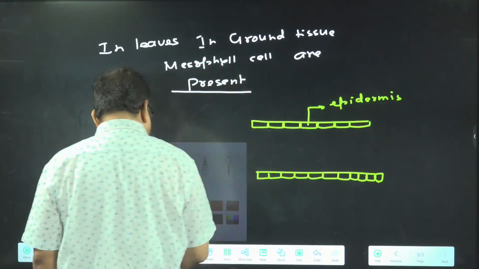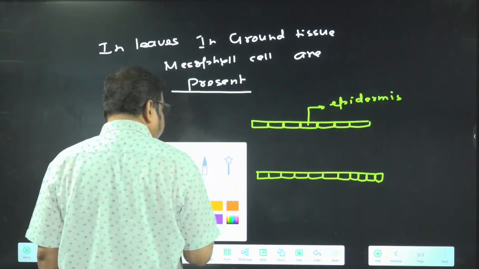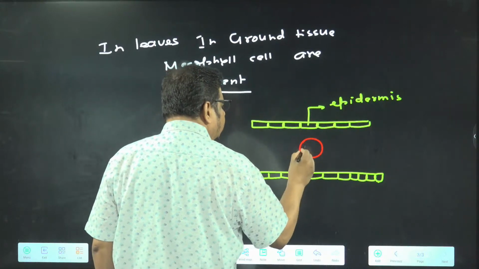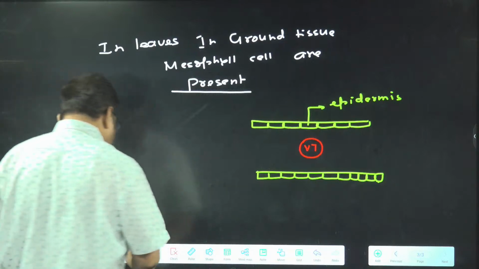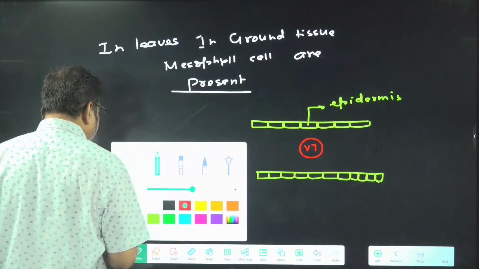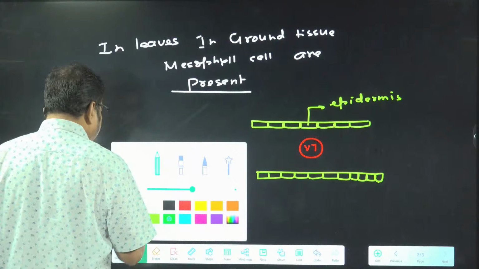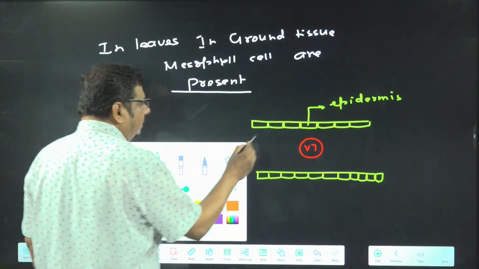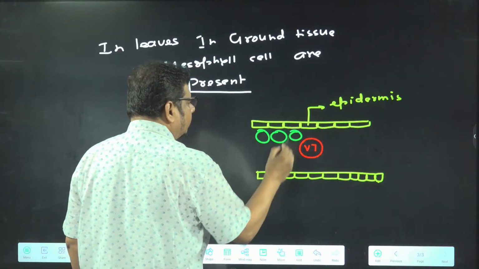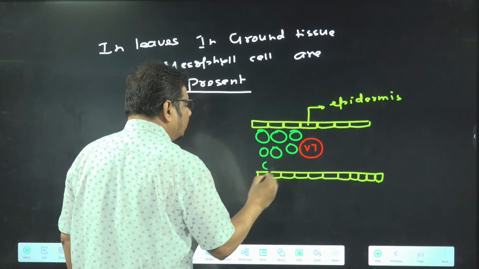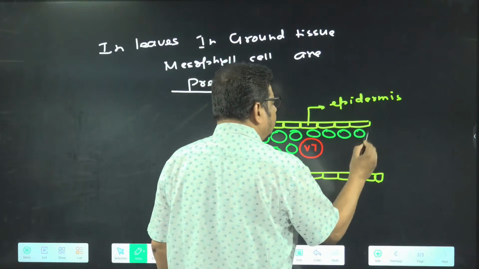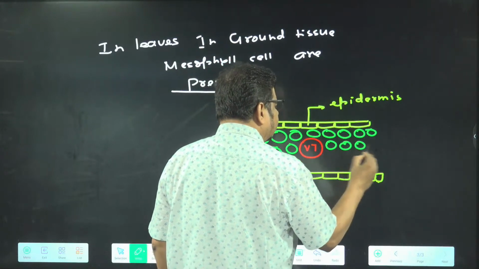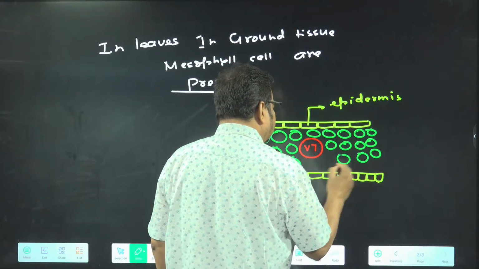Now what you are finding in the leaf here, this one is the vascular tissue system. In this, who is present? Xylem and phloem are present. And what do you find remaining? Remaining is which one? This one. This is the ground tissue of the leaf.